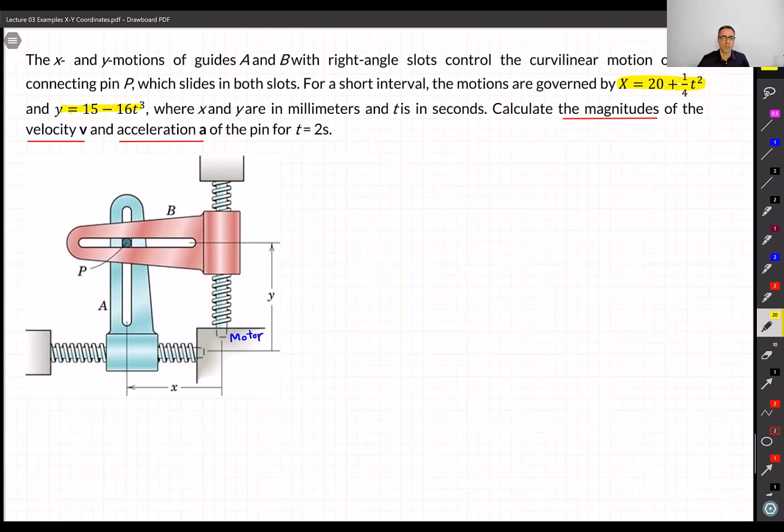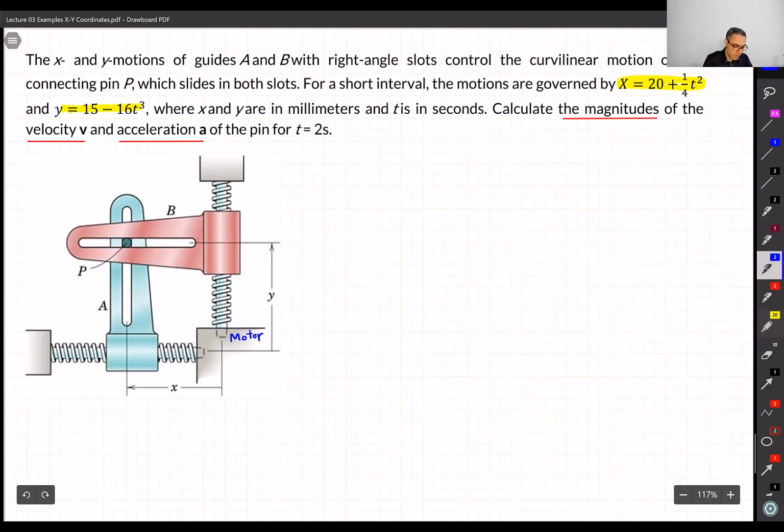They are a function of time. Maybe one of them moves faster. You can see Y is maybe moving faster because it has T power 3. So we want to know where this pin is, and its velocity and its acceleration after 2 seconds have passed.